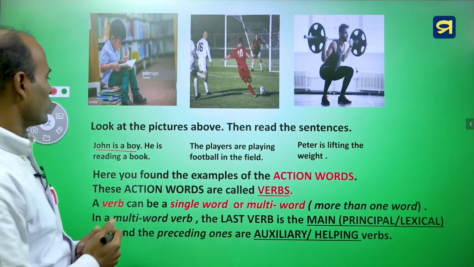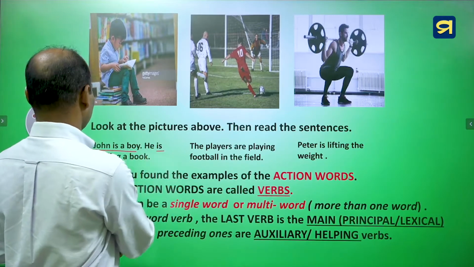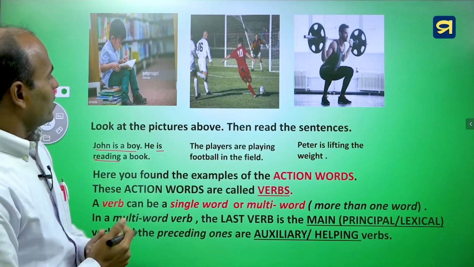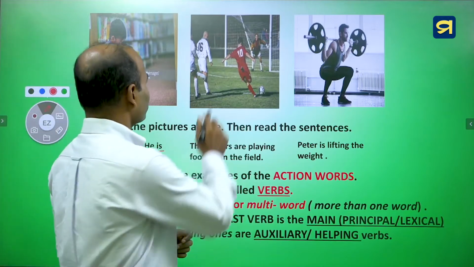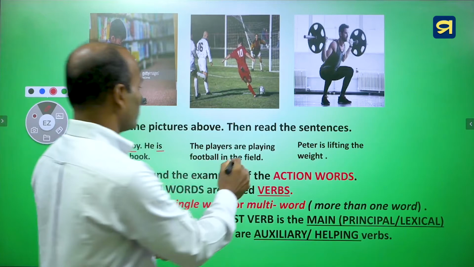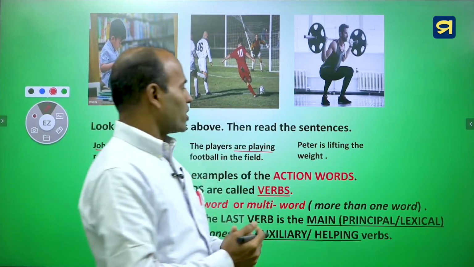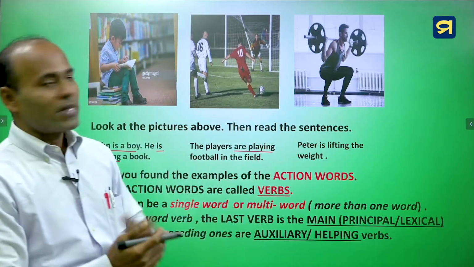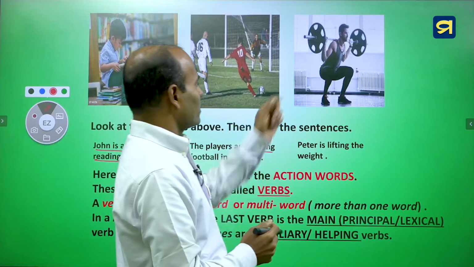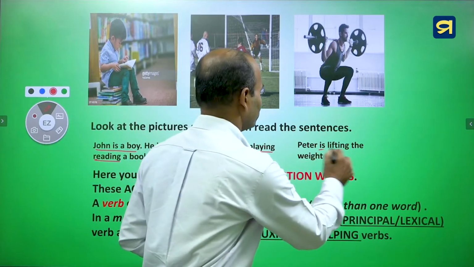He is reading a book. In this picture, you can see that the players are playing football in the field. And in the third one, there is a man. His name is Peter, and he is lifting the weight.